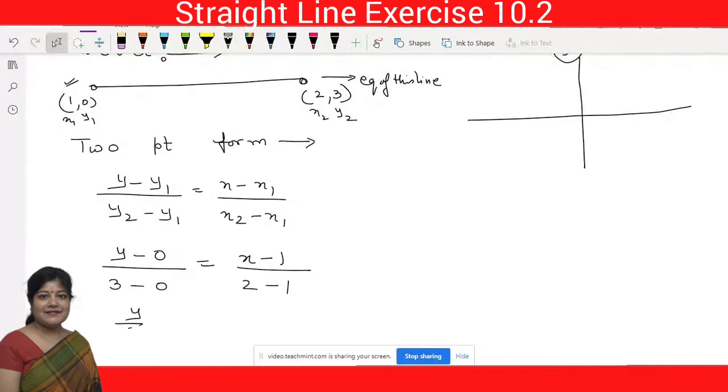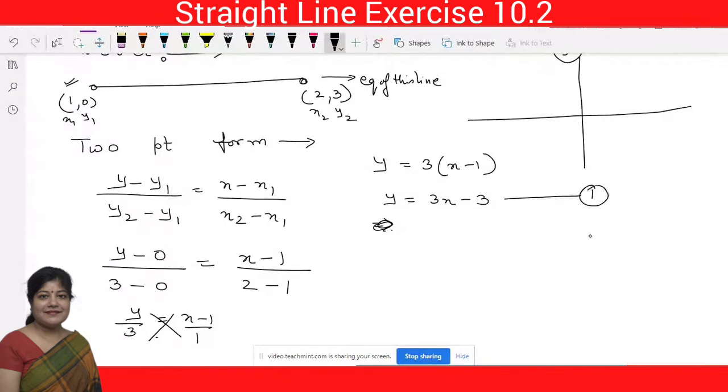So we have y by 3 equals (x minus 1) by 1. Cross multiplying, y is equal to 3 times (x minus 1), so y equals 3x minus 3. So the equation becomes this.